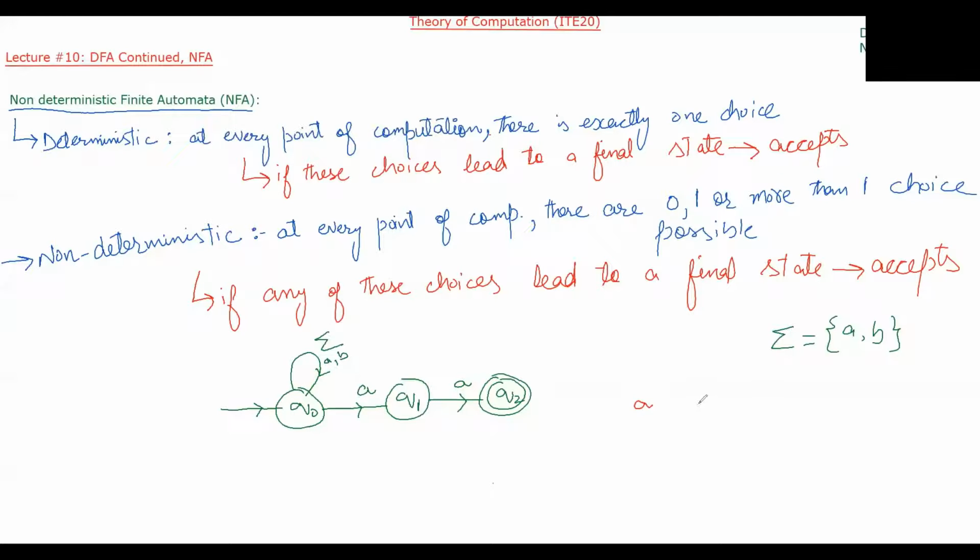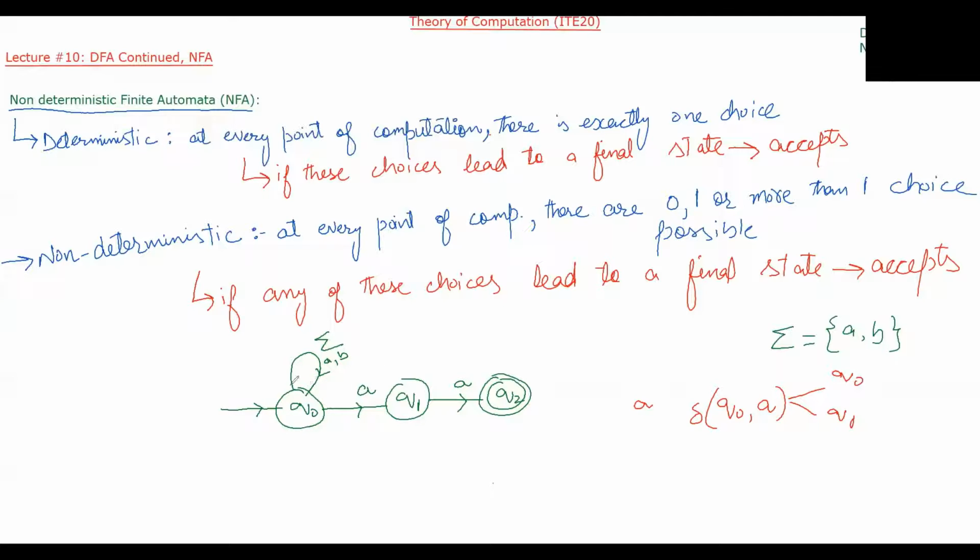If we are in state Q0, now A comes. What will be the output? One output is that it will remain in the same state. Another transition is that it will go to Q1. So it may be either Q0 or Q1. Okay, so there is a choice.